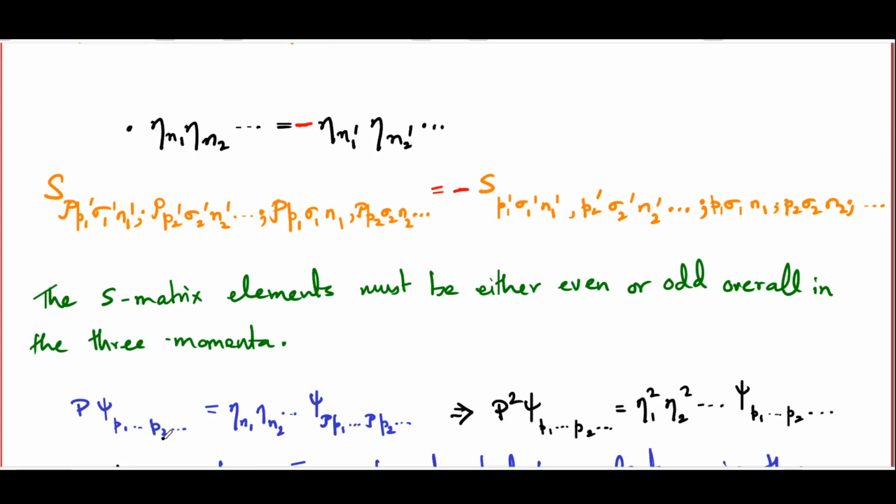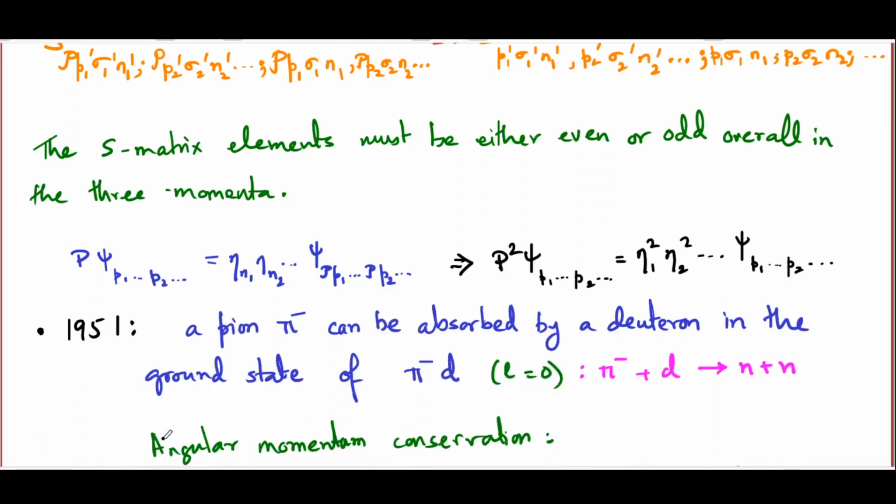Now a bit of history may be in order here. In 1951, a discovery was made. It was found that a negative pion, pi minus, can be absorbed by a deuteron in the ground state of the pi minus d atom, an atom in which the proton has been replaced by a deuteron and the surrounding electron has been replaced by a negative pion.